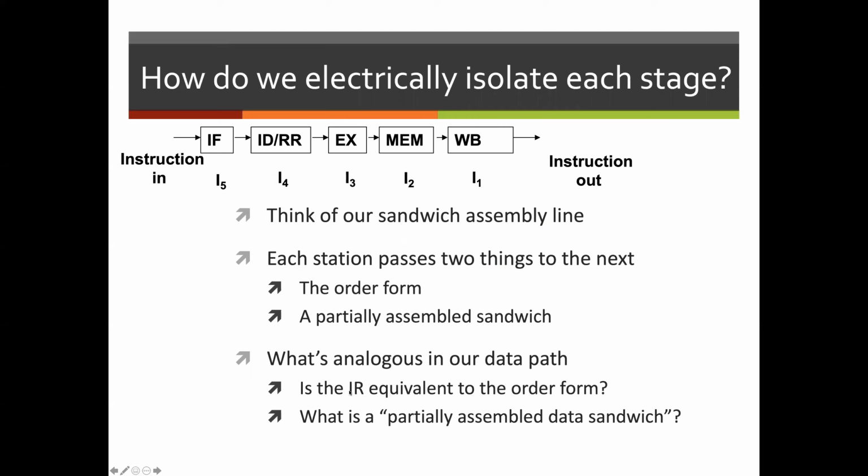The instruction register would be equivalent to the order form. And so what exactly would represent our partially assembled data sandwich? Well, where are we pulling things from? We're going to need to pull things from the register.